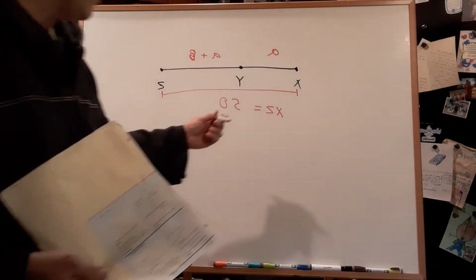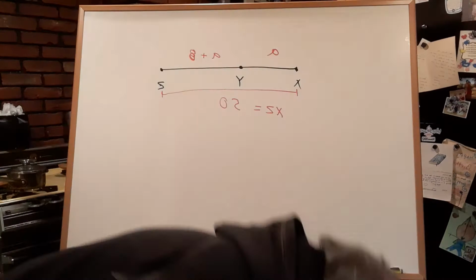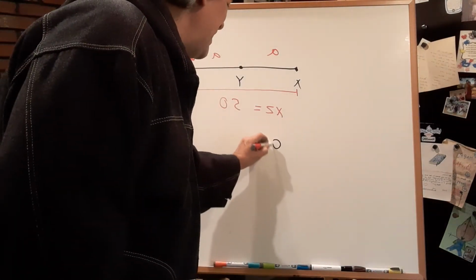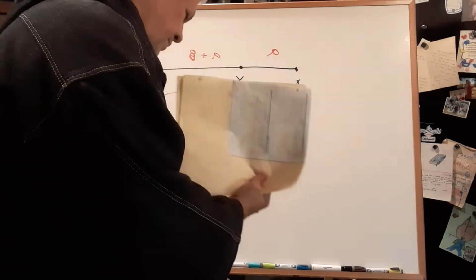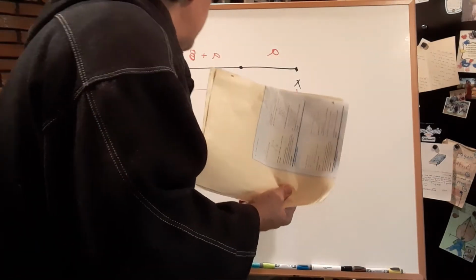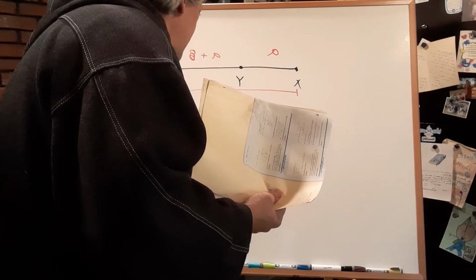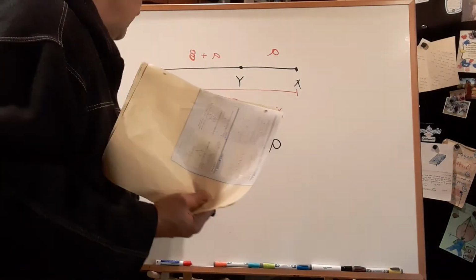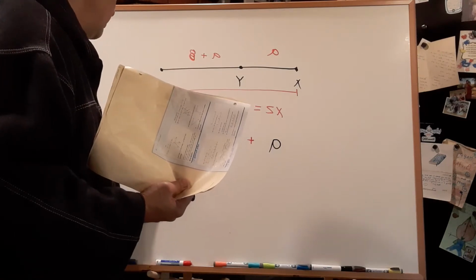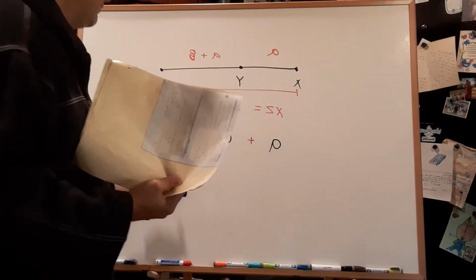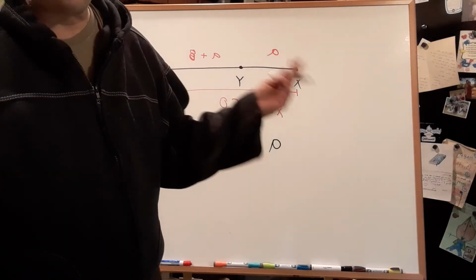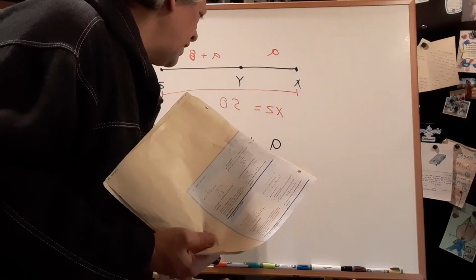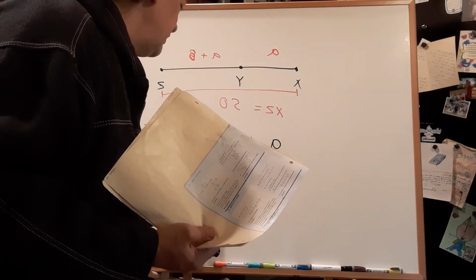So it's a matter of a plus a plus 8. So it's this length plus that length is equal to 50. So a plus a is what? 2a, right? So 2a plus 8.